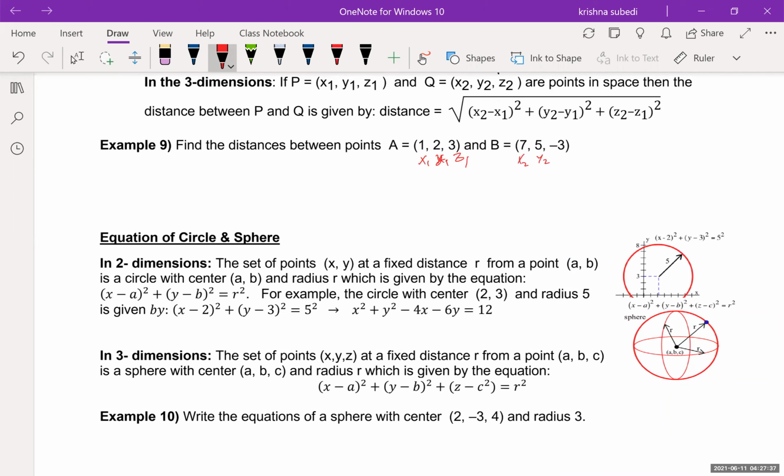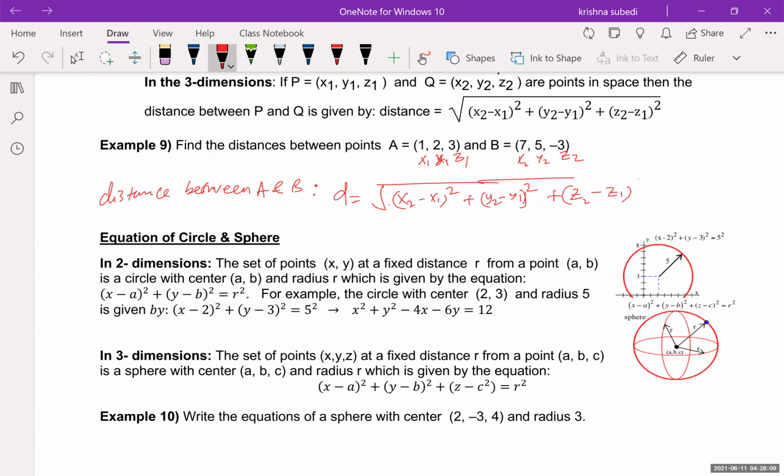So find the distance between A and B. The distance between A and B is given by D equals the square root of (x2 minus x1) squared. We know the formula, plus (y2 minus y1) squared plus (z2 minus z1) squared. And then you can calculate this.